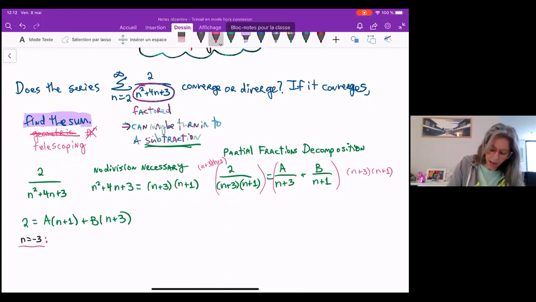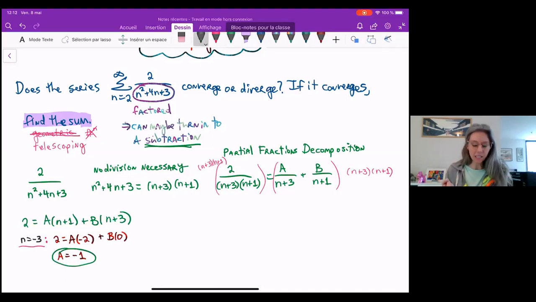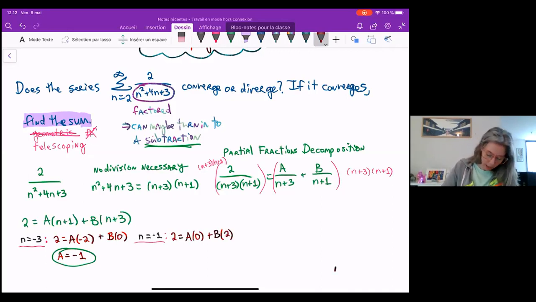So first I'm going to plug that in, and I will get 2 is equal to A times -3 plus 1, that's -2, plus B times 0, which gives me A is equal to -1. Next, I will plug in the second zero of my denominator, which is n is equal to -1. And this will give me 2 is equal to A times -1 plus 1, so that's A times 0, plus B times -1 plus 3, that's 2, giving me that B is equal to 1.